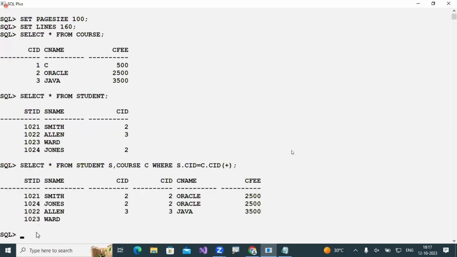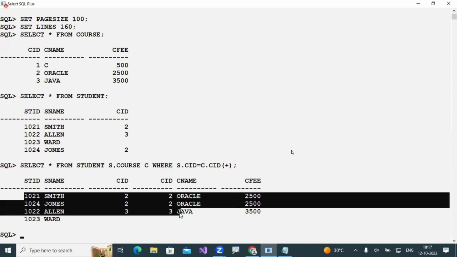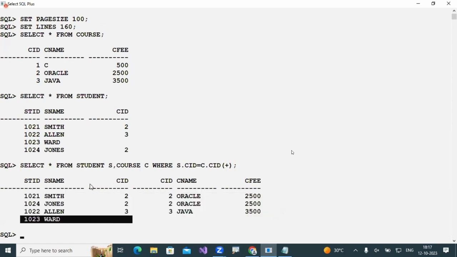Now I can execute. Here 2222 is matching from the two tables, but unmatching data we are getting from the left side table. And what is my left side table here? Student.